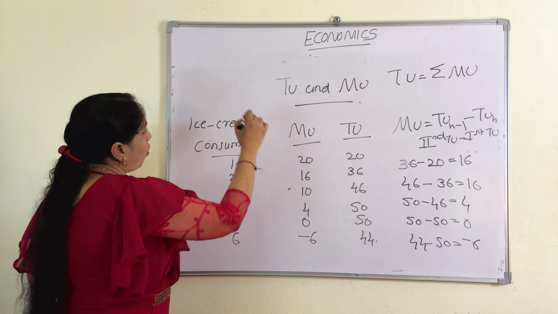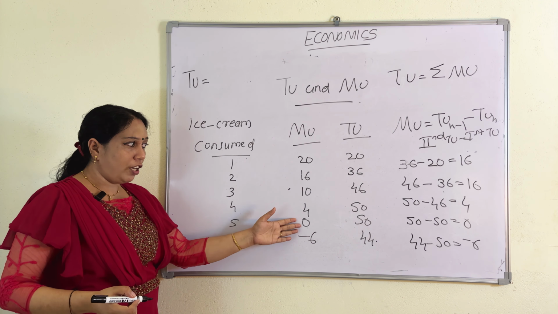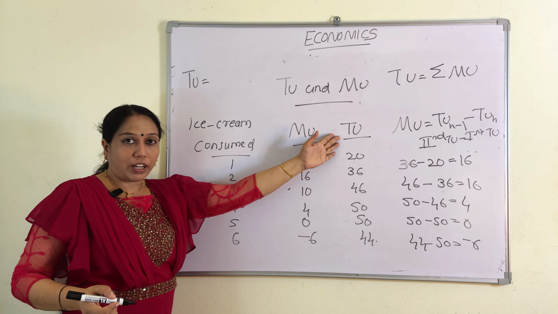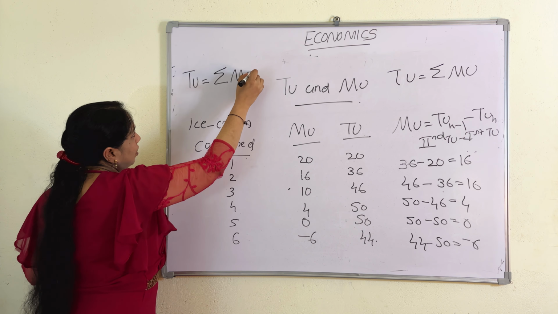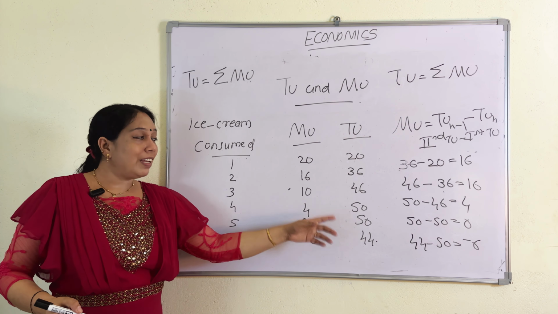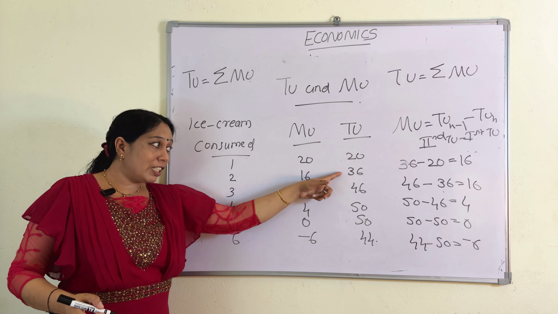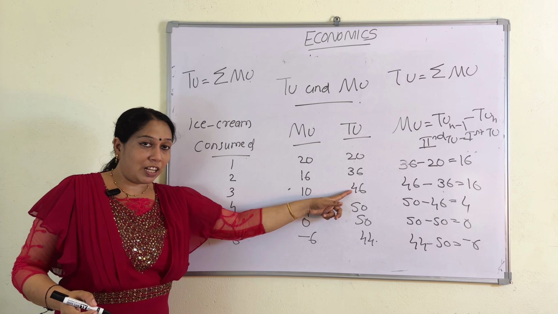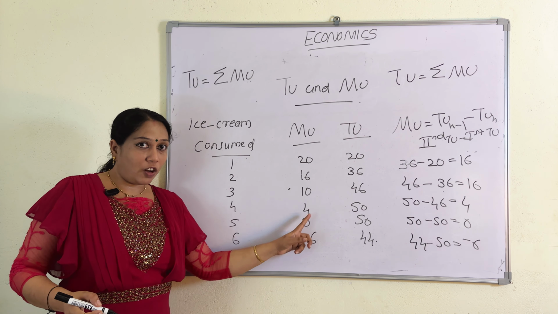Likewise, we can find out the marginal utility, that is second total utility minus first total utility. Now, how to find out the total utility from the given data, suppose they give marginal utility only? It is very simple, sigma MU, means the sum of marginal utility is total utility. Here you can see 20 plus 16, 36. Then 36 plus 10, 46. 46 plus 4, 50. Then 50 plus 0, 50.